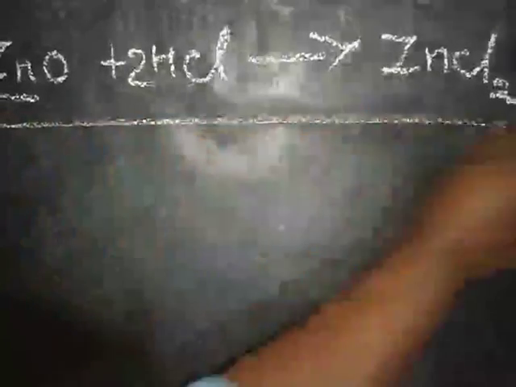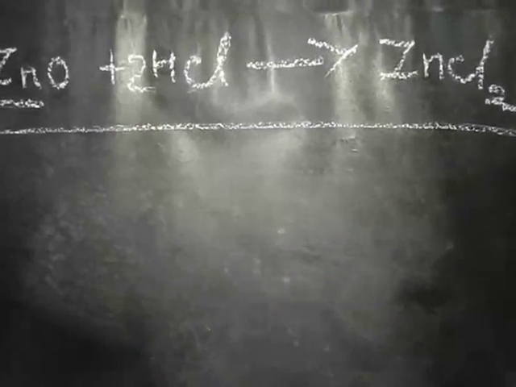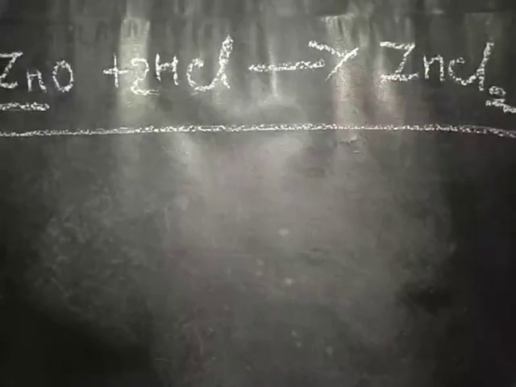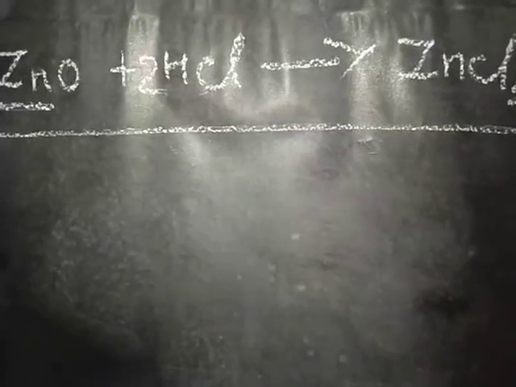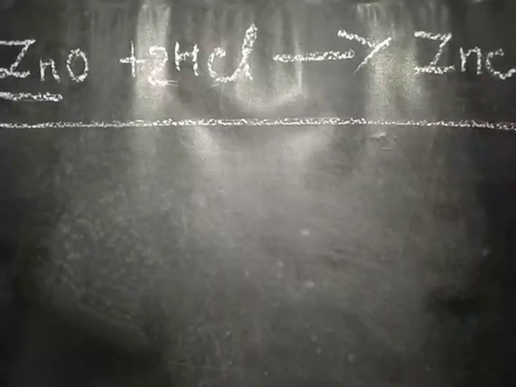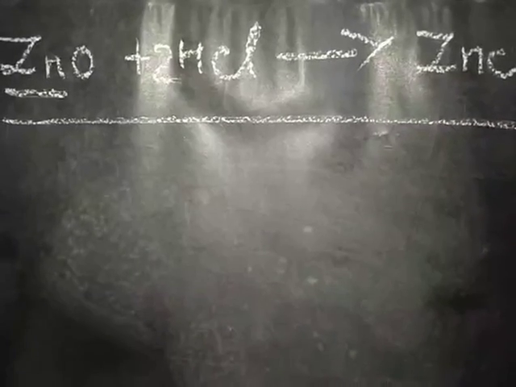So how can we define bases? Any substance that produces OH minus ions, or some metal oxides, act as bases.